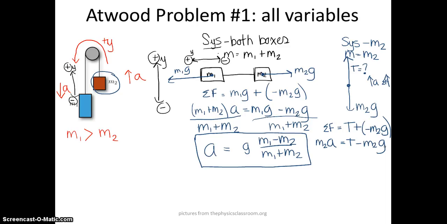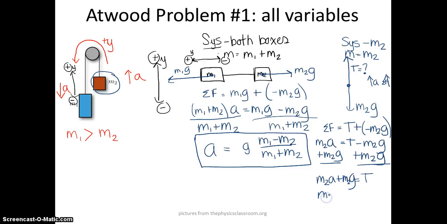I'm looking for my tension force here, so I'm going to add M2G to both sides. Now I've got tension is equal to M2A plus M2G. I know a lot of you probably want me to clean that up, so I'll go ahead and do that.